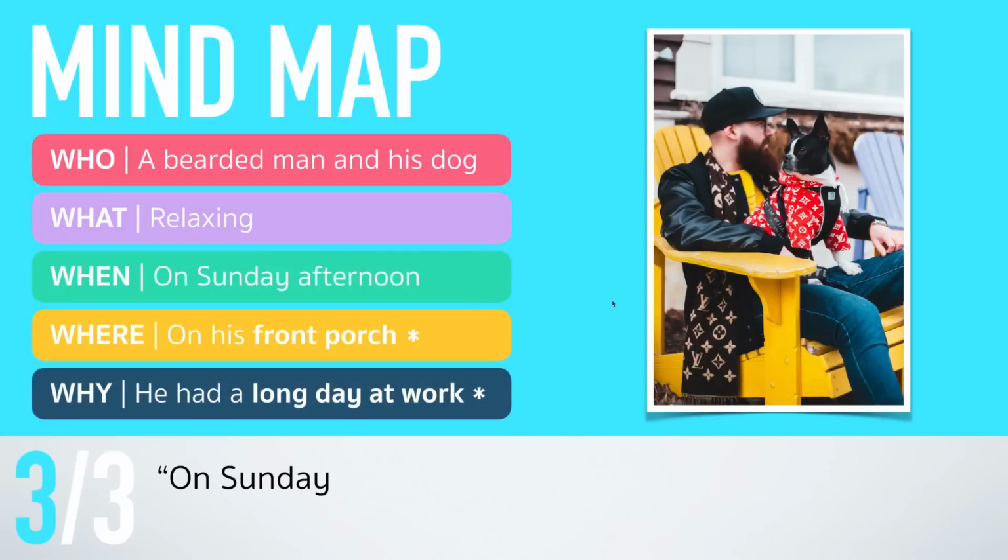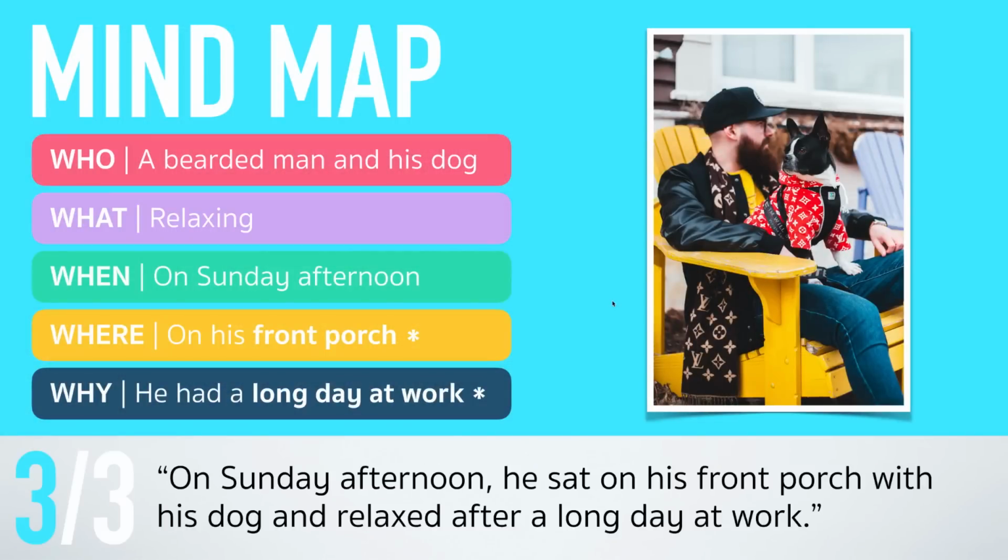Here we go. On Sunday afternoon, he sat on his front porch with his dog and relaxed after a long day at work. Man, I'm telling you, if you just organize your thoughts in the first step with these 5 W's and these small chunks, you can create these sentences so easily, a lot easier than you had before.